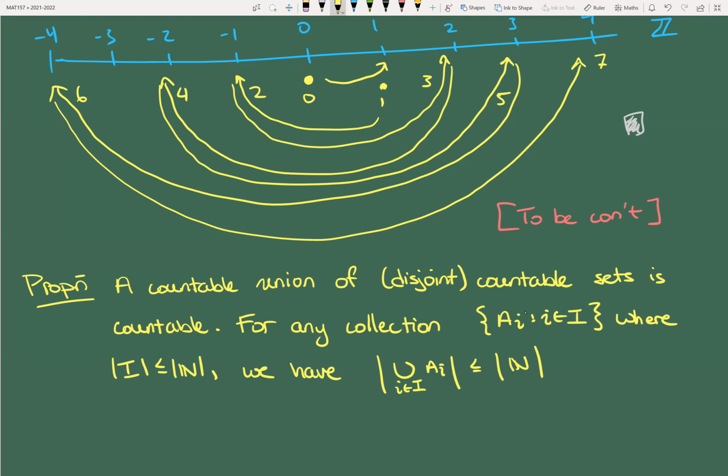So you can see the math way of writing this down is maybe a little bit more complicated, whereas the English way is pretty nice. The countable union of disjoint countable sets is countable. I didn't write the disjoint part in, don't worry about it. But this is the theorem that we want to prove.